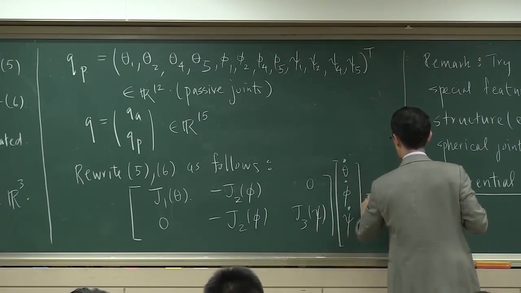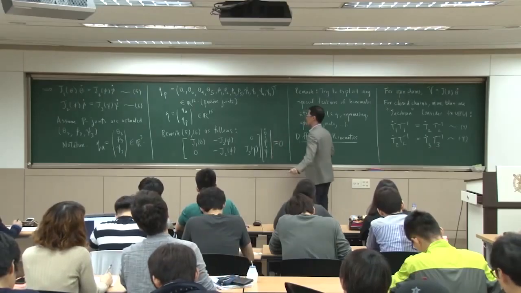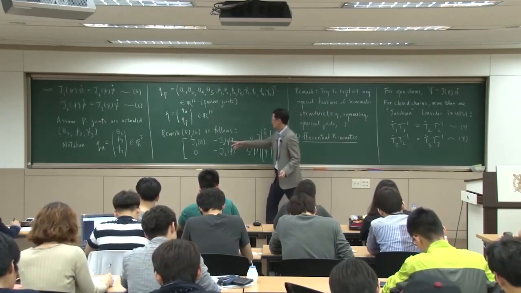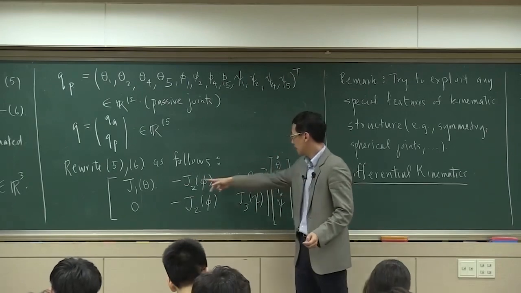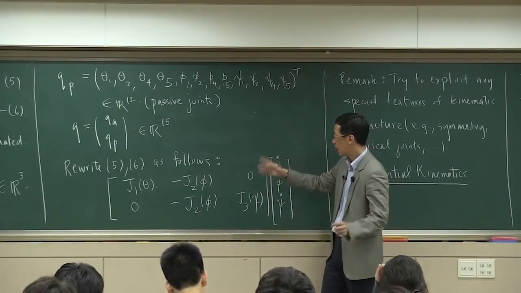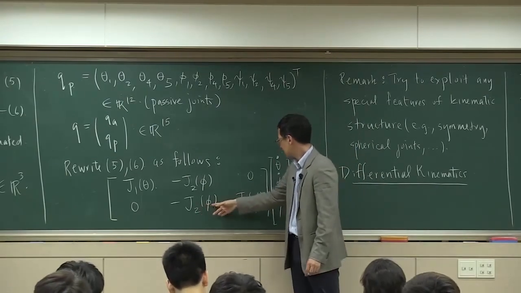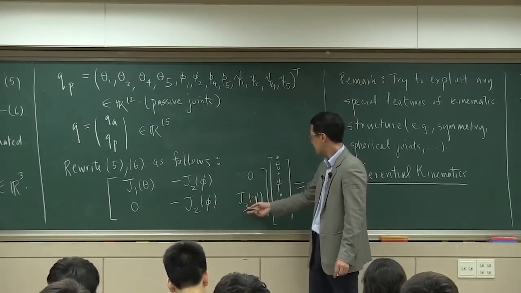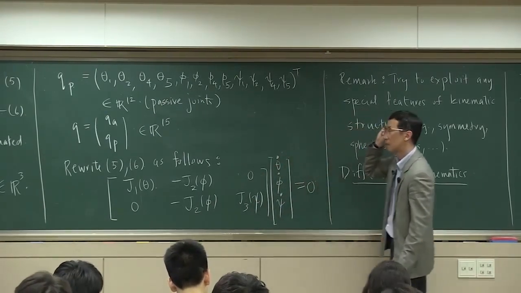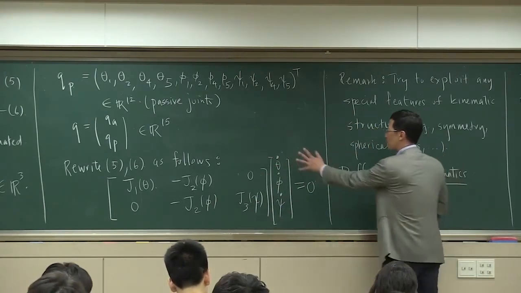All this equals 0. So all I've written is J1 theta dot minus J2 phi dot equals 0. That's equation 5. And minus J2 phi dot plus J3 psi dot equals 0. That's equation 6. So I have this single matrix equation.